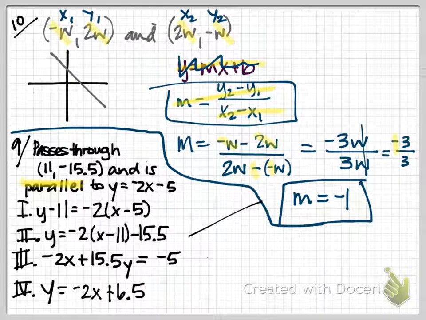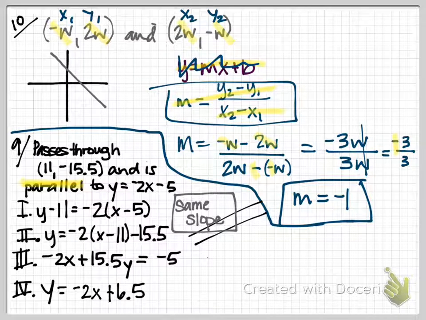Parallel lines look like this, if I could draw straight lines. Those aren't terrible. So what do we know about these two lines? We know that they never intersect, and in order for them to never intersect, we need their slopes to be the same. Okay, so parallel lines have the same slope.